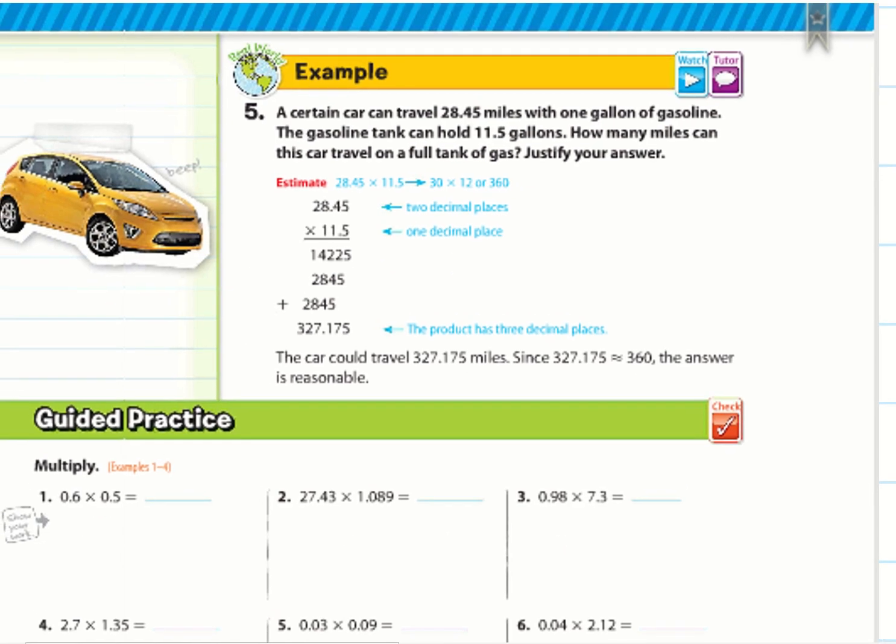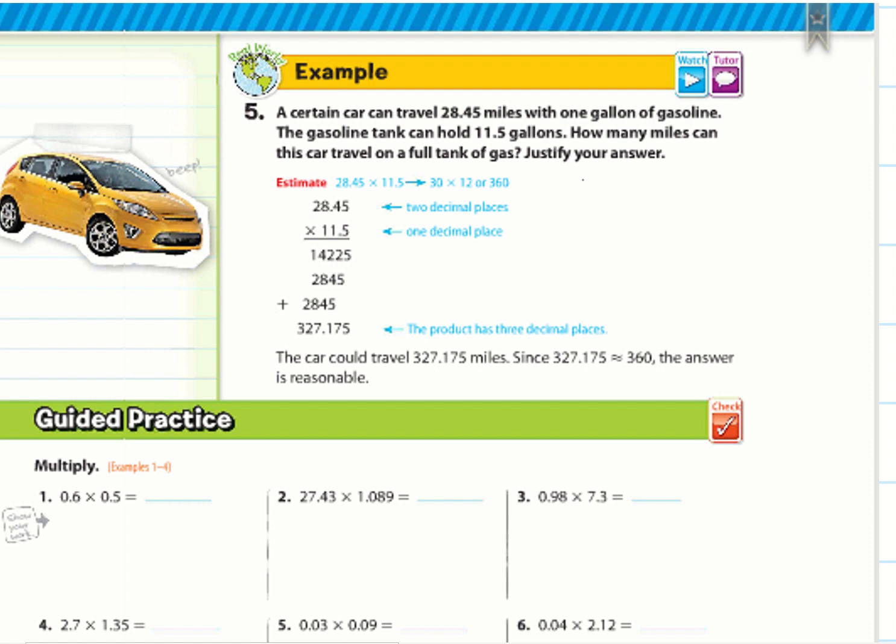So number 5, a certain car can travel 28 and 4/500 miles with 1 gallon of gasoline. The gasoline tank can hold 11.5 gallons. How many miles can this car travel on a full tank of gas? Justify your answer.